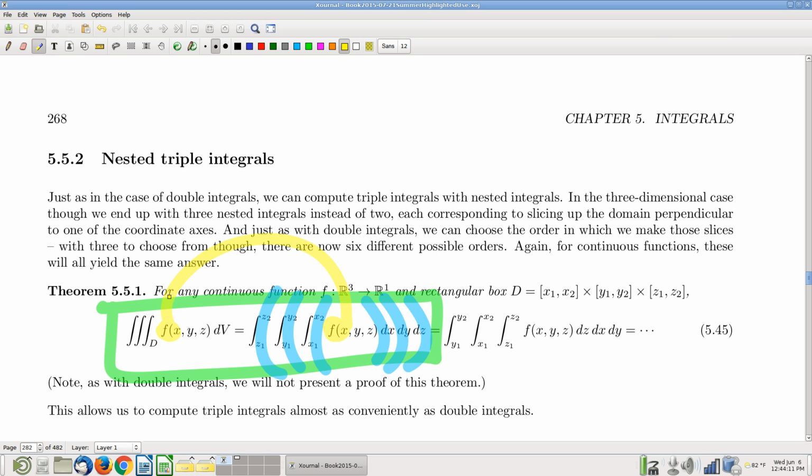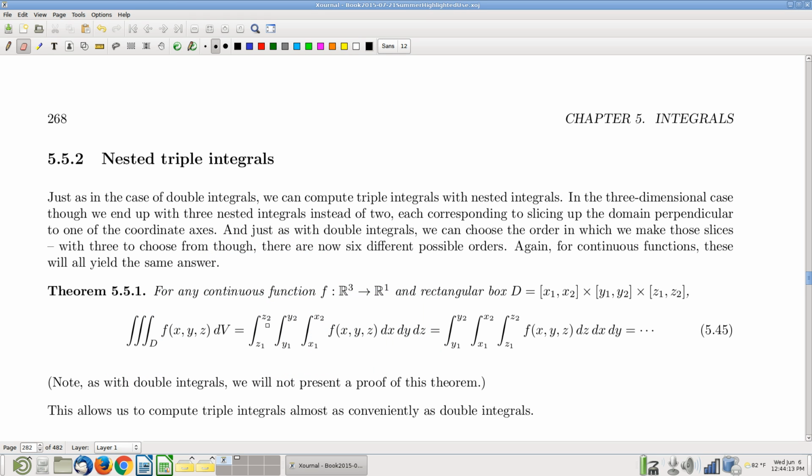Well, for double integrals, there was no z slicing, right? And this was an integral dA. And the argument I made was that, well, I can think of each of these as being a computation of volume.